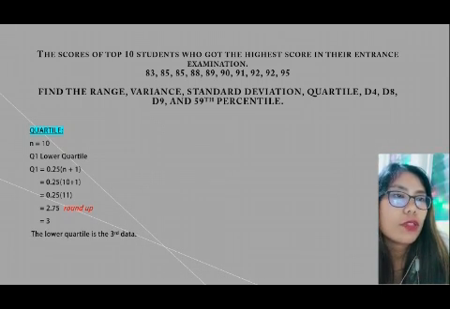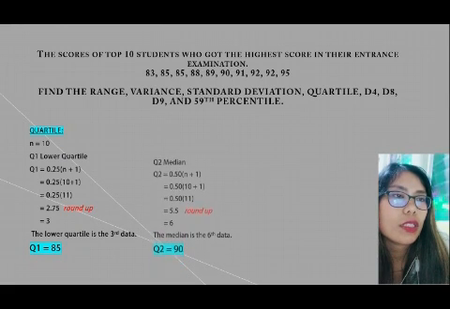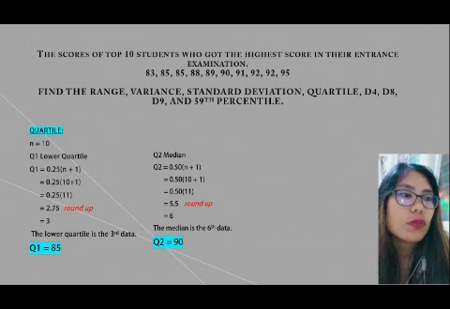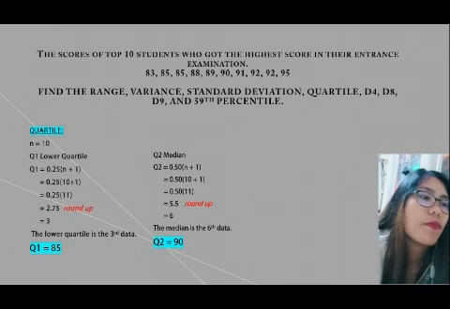For the median, we're going to get it by using the formula 0.50 times n plus 1. So 0.50 times 11, and we got 5.5. Round it up, we're going to have 6. So the 6th data was 90. The median is the 6th data, which is 90.